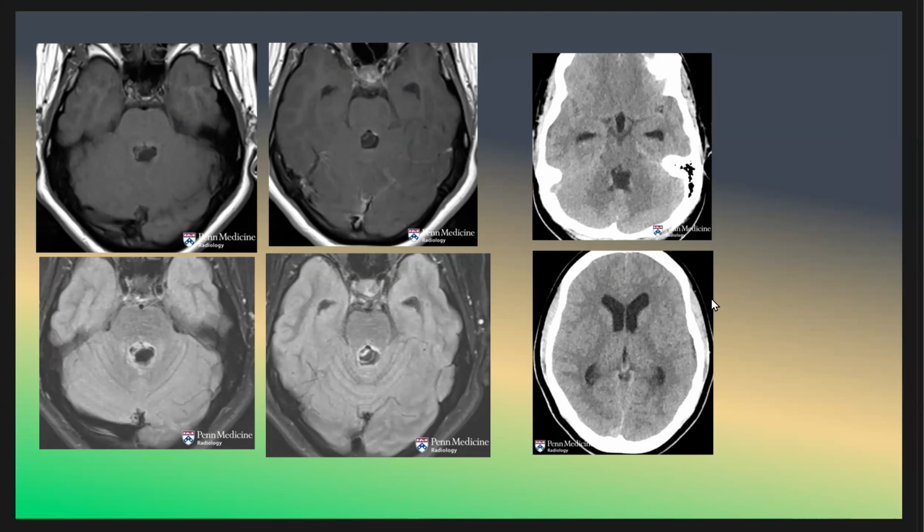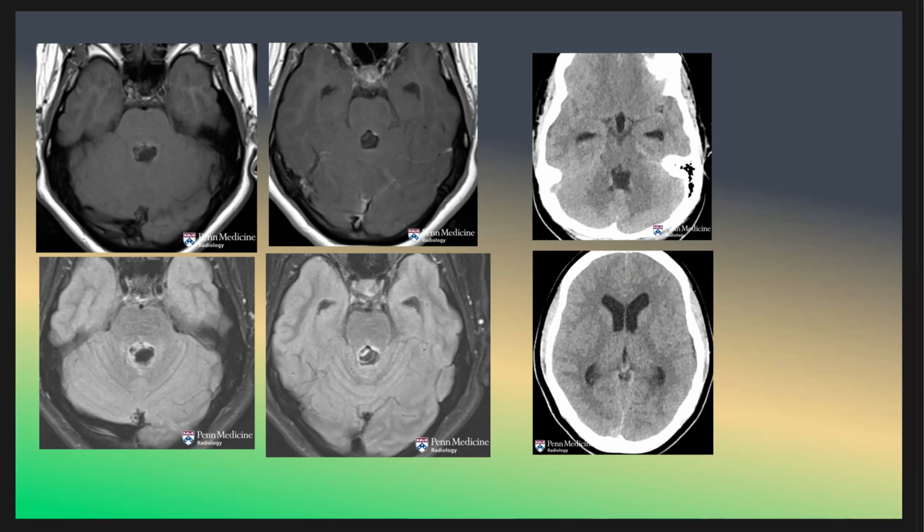What do you think the patient has? In this case, we see a cystic mass in the fourth ventricle with some hyperintensity, and this is representing the scolex, and this is a case of neurocysticercosis.